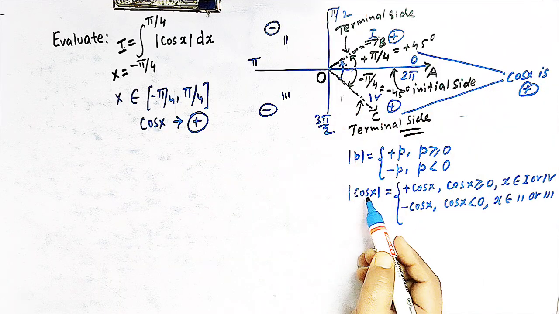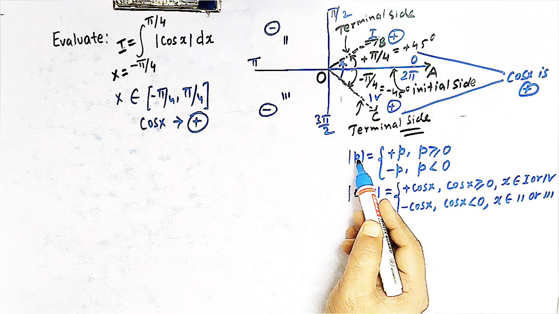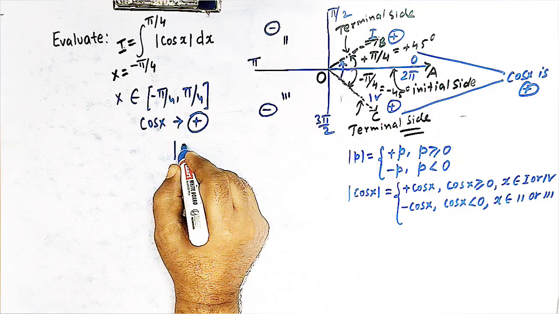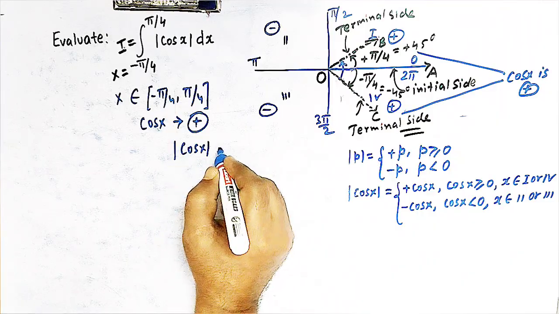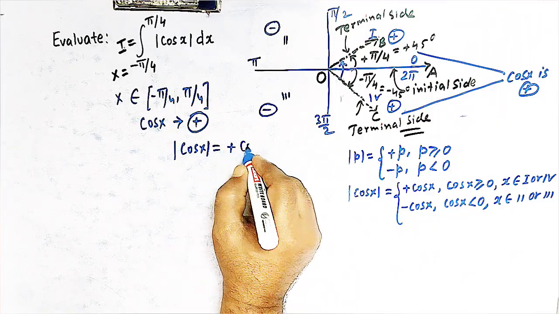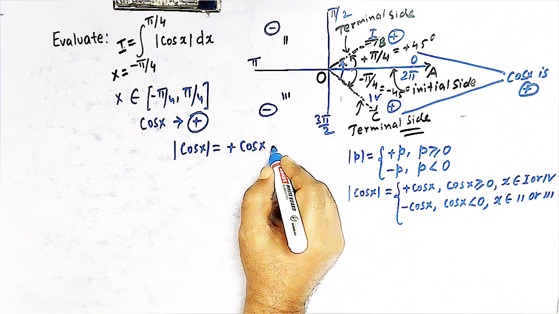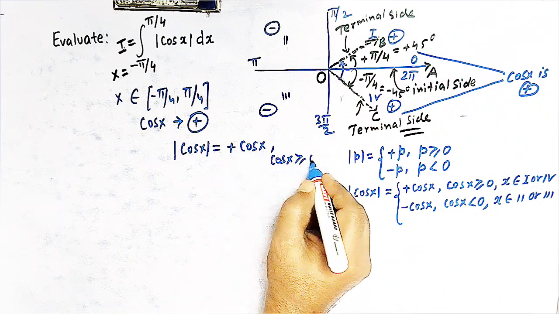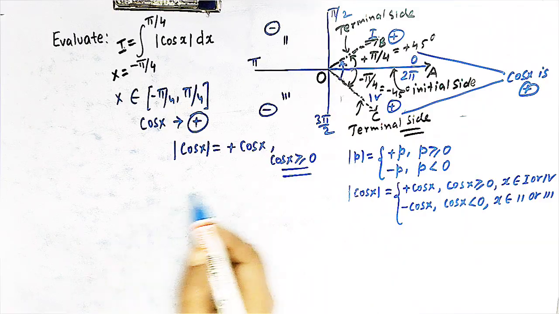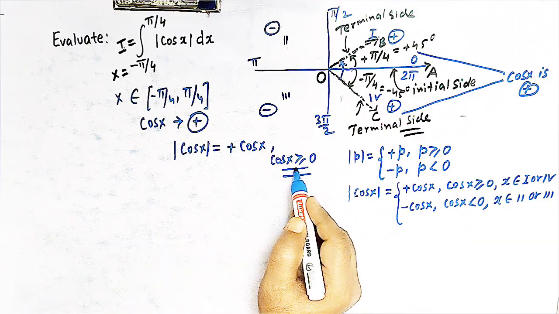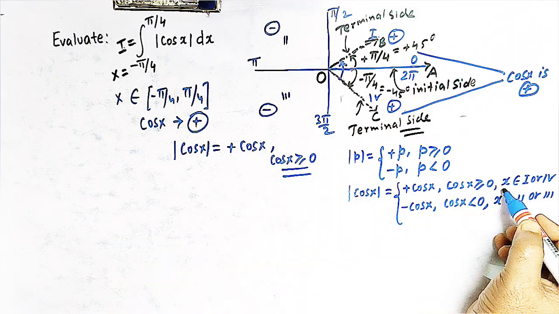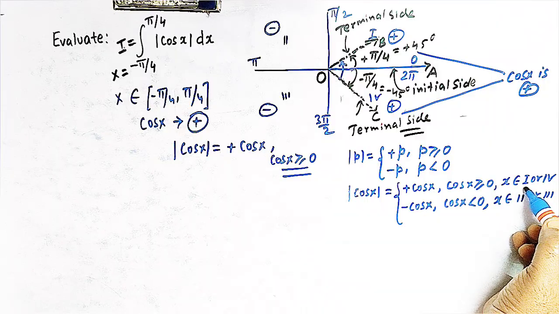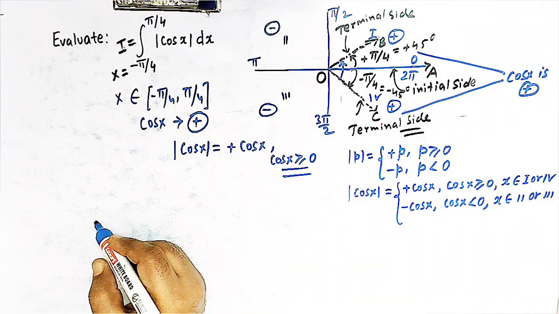So from the definition of the mod function, we can now write mod of cosine x is equal to positive cosine x when cosine x is greater than or equal to 0, and cosine x is greater than or equal to 0 when x belongs to either the first quadrant or the fourth quadrant, right?